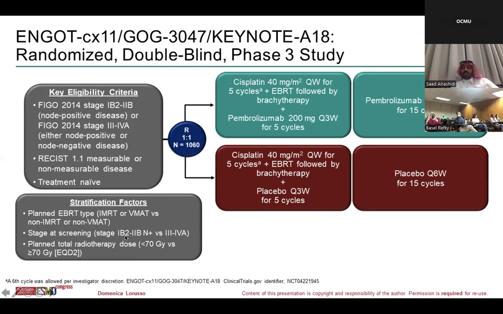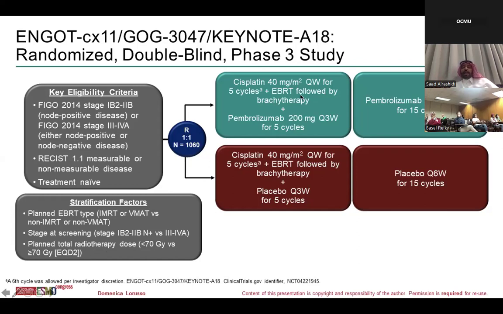The patients were well staged, also with PET scan, especially after 2018, before the closure. The planned total radiotherapy dose was more than 80, but I was reviewing the protocol recently, and it was actually more than 80 gray, the actual dose to the cervix itself.